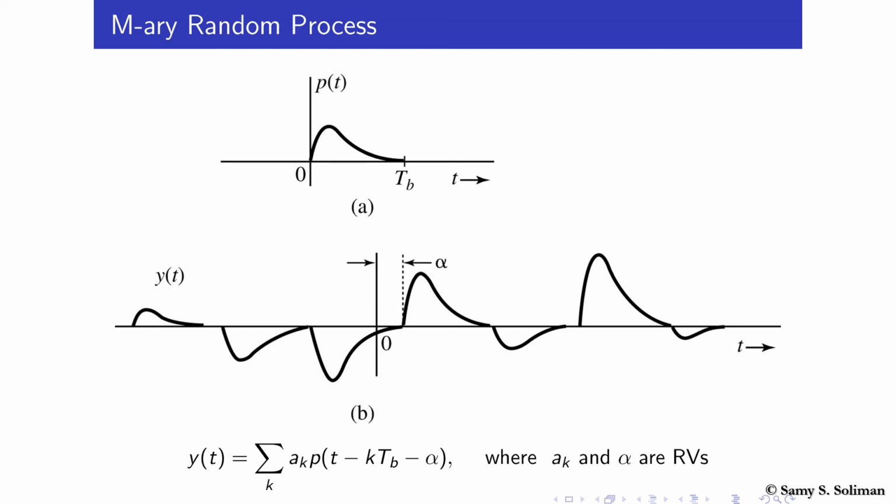Instead, it might have M values, in which case we call it an M-ary variable, and the result is an M-ary random process. So we have again a stream of pulses of an arbitrary shape p of t defined for a duration of Tb, and these pulses are time shifted from each other by integer multiples of Tb.